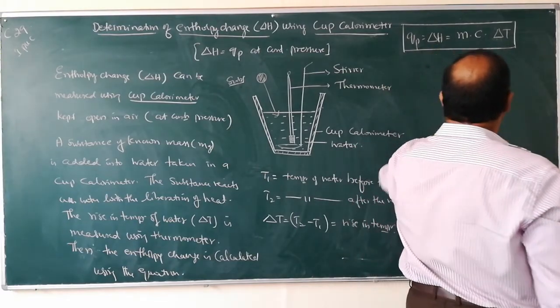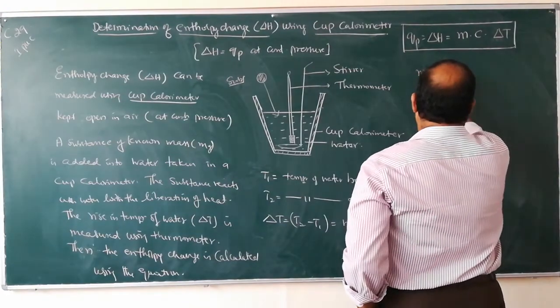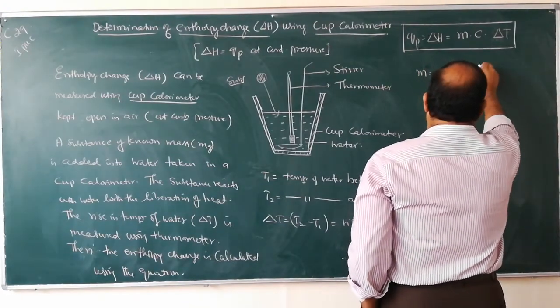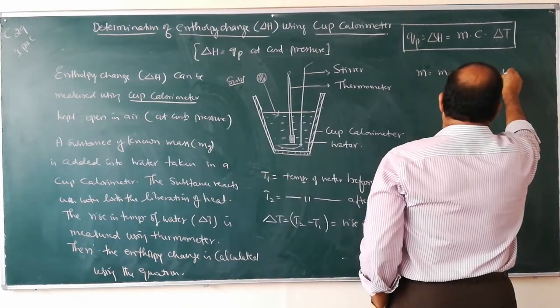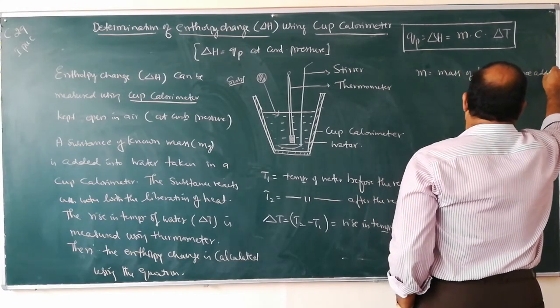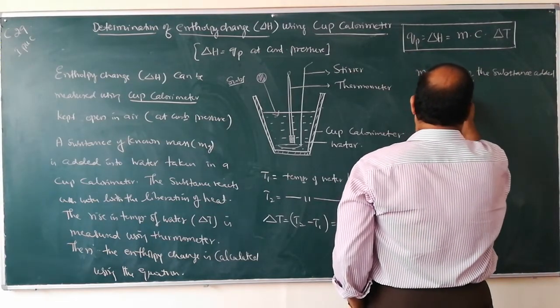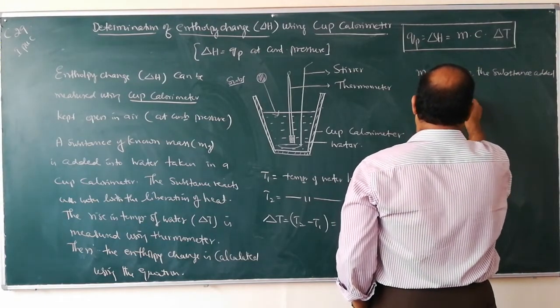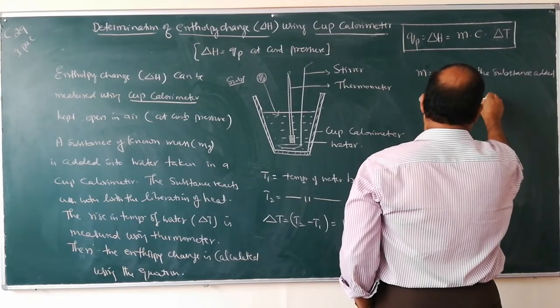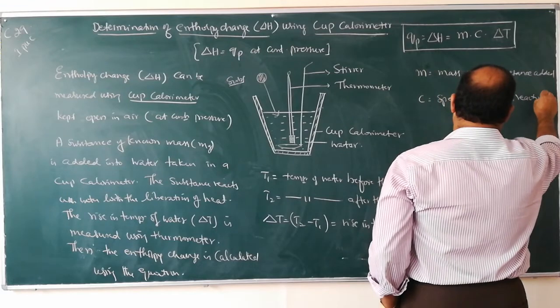Delta H is equal to m into C into delta T, where m equals mass of the substance added, C equals specific heat of the reaction.